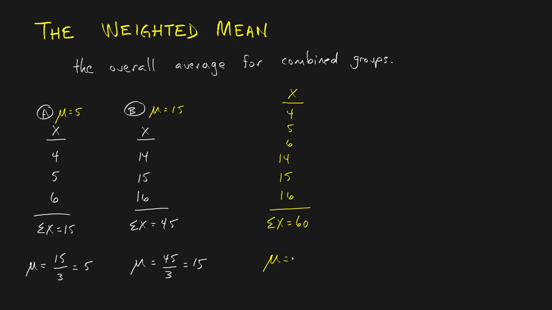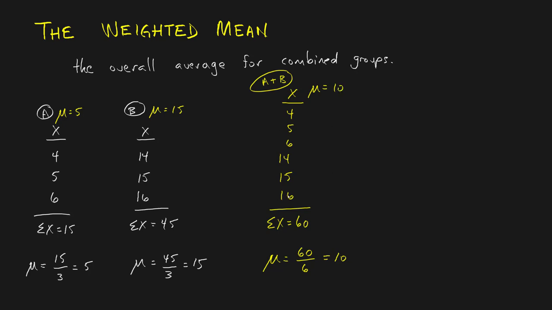And the mean will end up being 60 divided by not 3 anymore, but 6, because we have a total of 6 kids, all in this same group. So we've got 60 over 6, that's 10. So the combined average for A plus B is going to be 10.